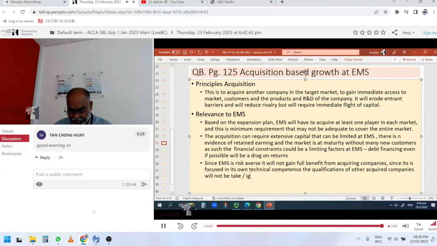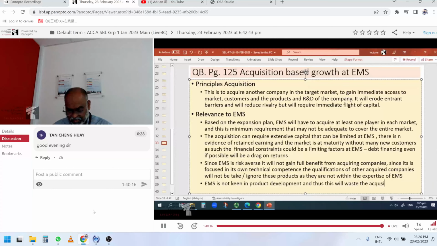That means it's going to ignore these products as they are not within the expertise of EMS. So meaning that EMS is not keen in product development, and thus this will waste the acquisitions.